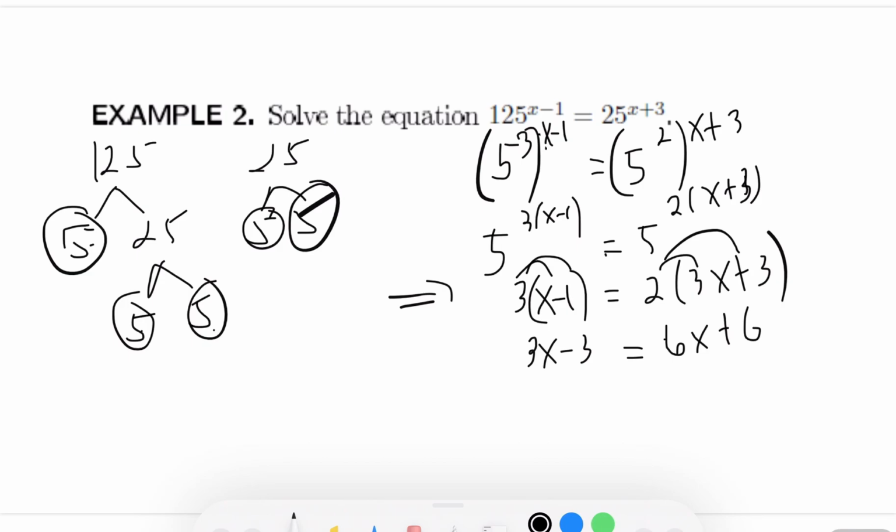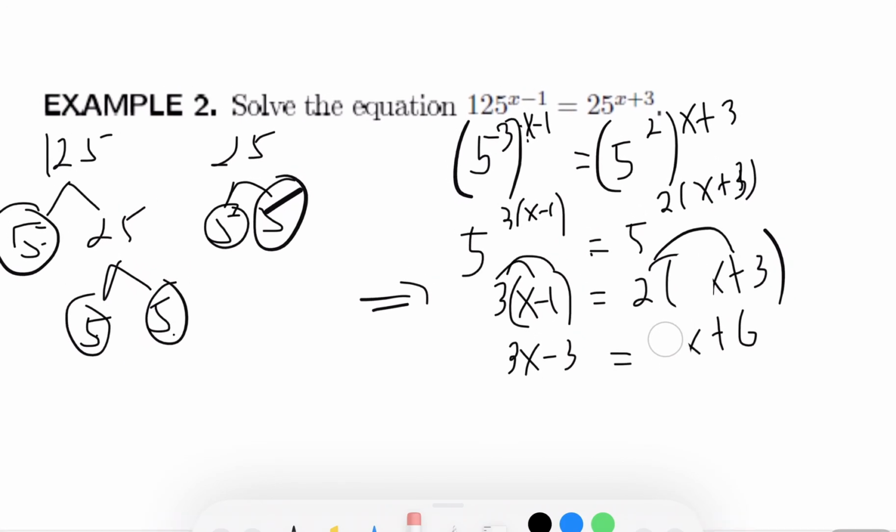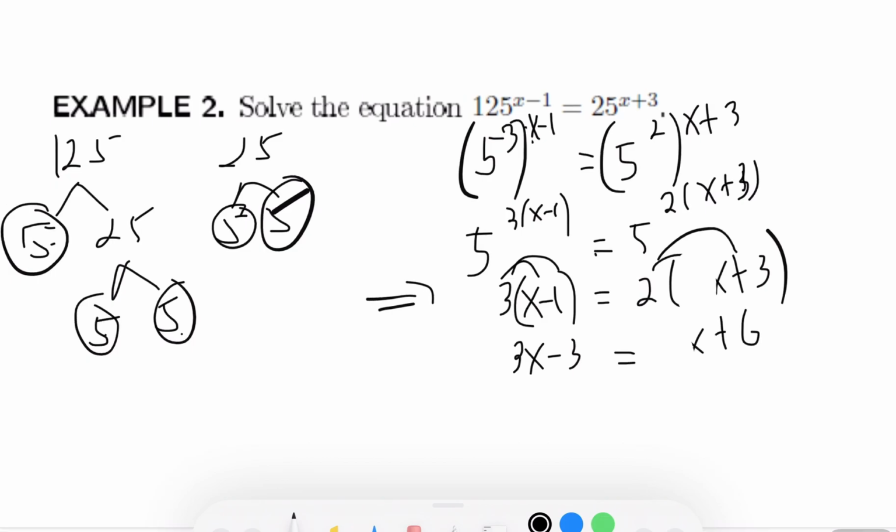Oh, wait. We added a 3 by mistake. So there is no 3. So this is just 2, right? Because it's x plus 3 only. So transpose minus 2x, 6 plus 3.